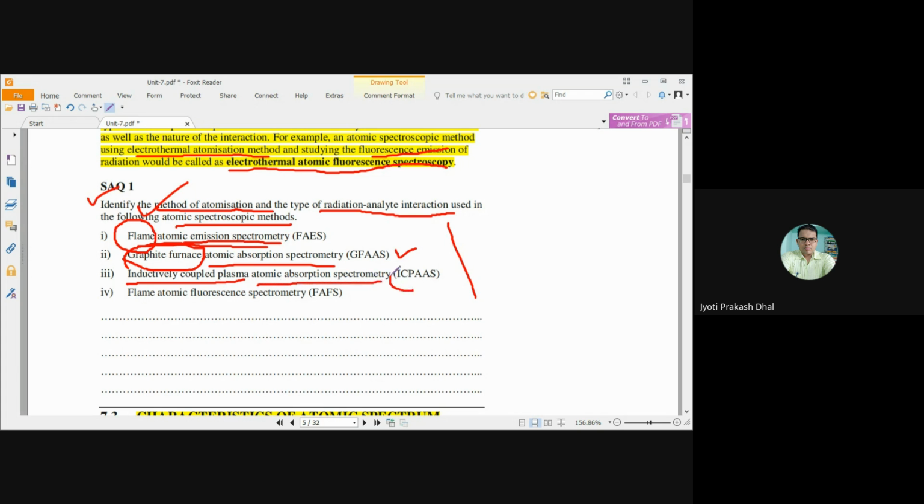That is called ICP-AAS. And in the fourth one, the atomization technique is flame and the spectroscopic method is atomic fluorescence spectroscopy, that is called FAFS. Similarly we can find 15 different atomic spectroscopic techniques.